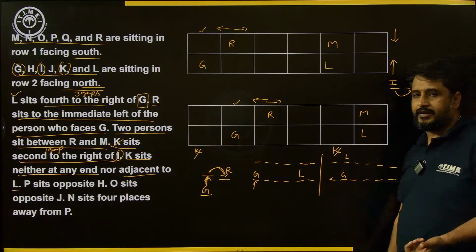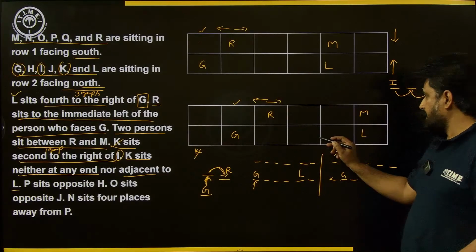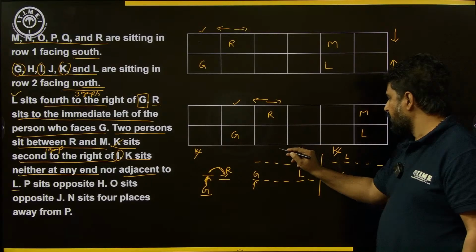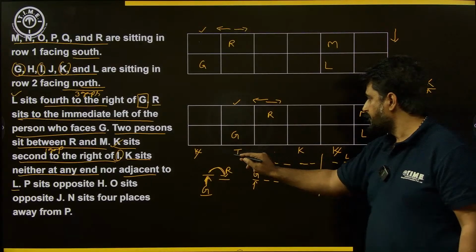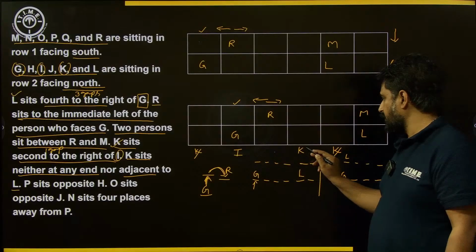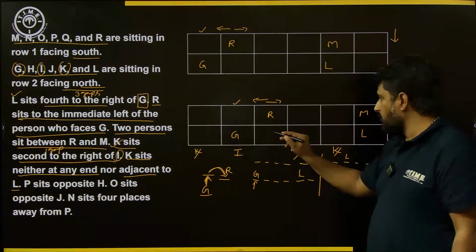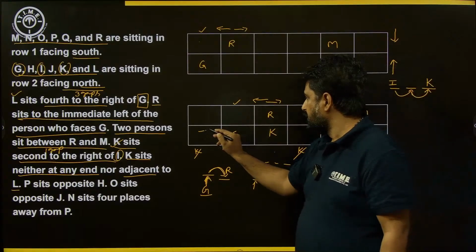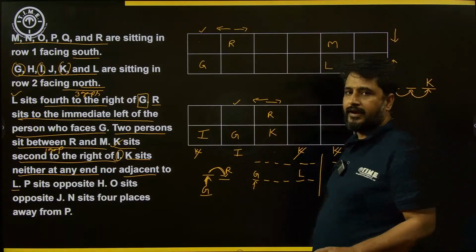So where can I write the K? K can be taken in one of these two places. But if I take the K here, one gap, we need I. But already we have G, so K cannot be taken here. So the only possible places are K here and I here. So the second case is valid as of now.